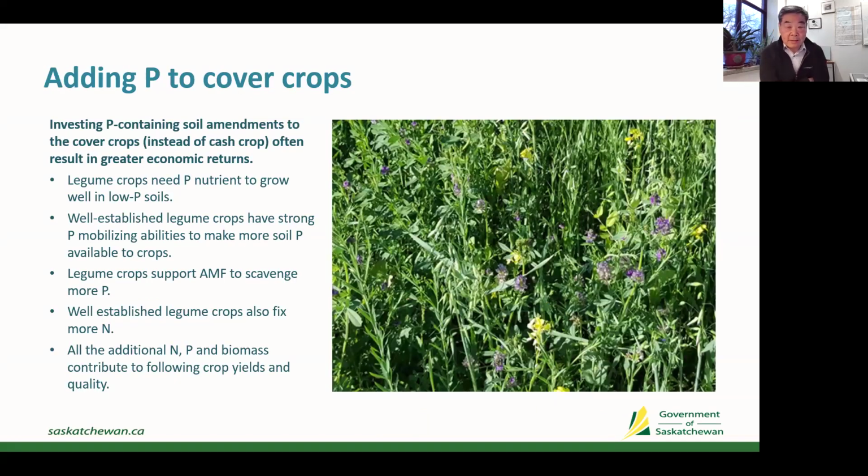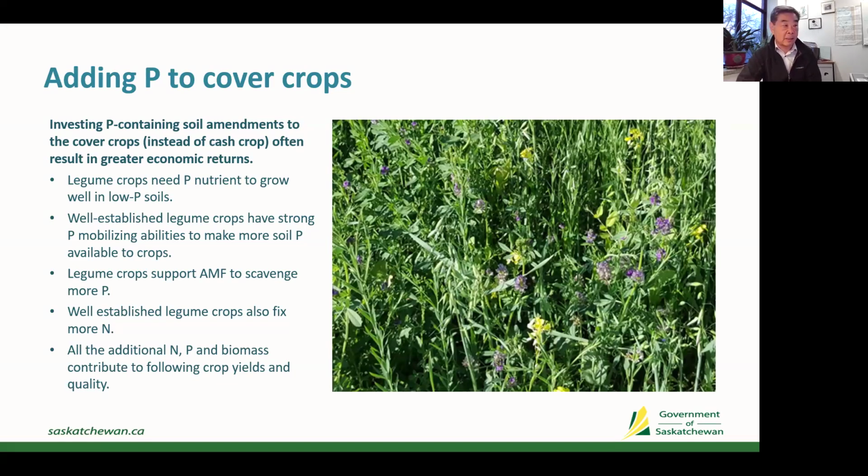If you have a limited amount of P amendment or P fertilizers, the University of Manitoba suggests that you add the P to your cover crop season, not to your cash crop season. The reason they give is that legume crops really need P nutrient to grow well in low P soils.